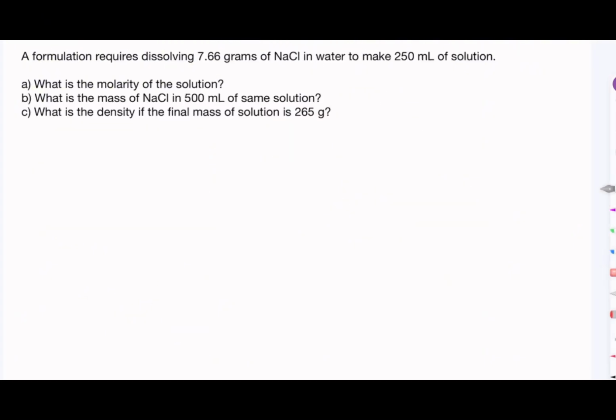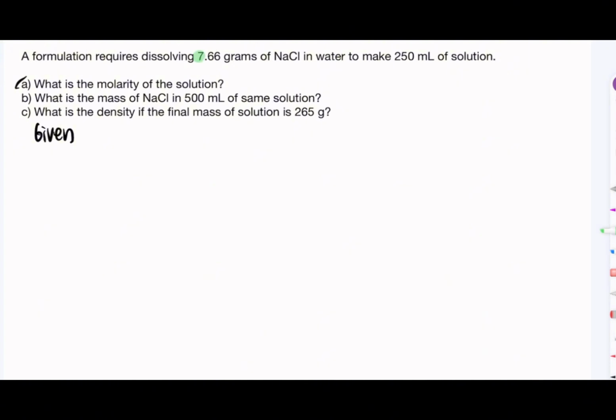Now on to the last question for molarity, but with sub-questions, of course, or subparts. A formulation requires dissolving 7.66 grams of sodium chloride in water to make 250 milliliters of solution. First, we need to answer letter A, which is what is the molarity of the solution? Let's write down the given and find it, of course.